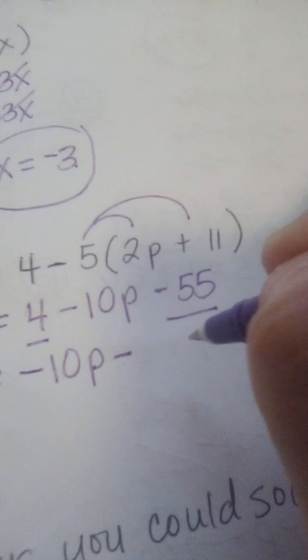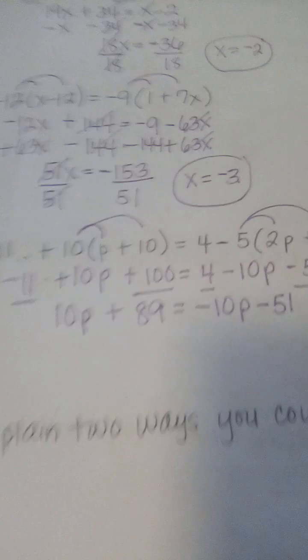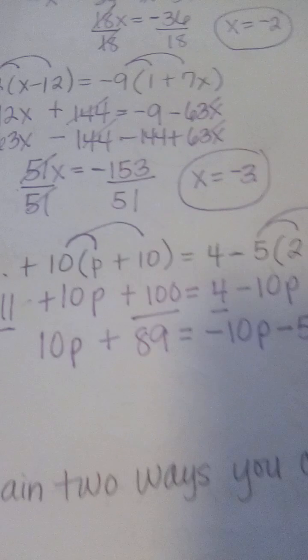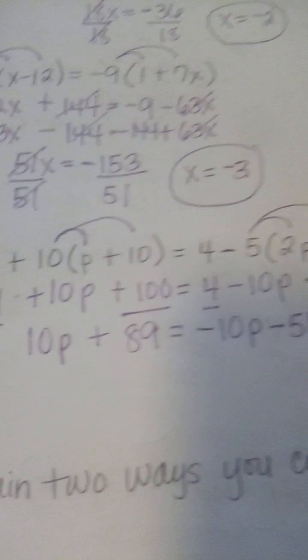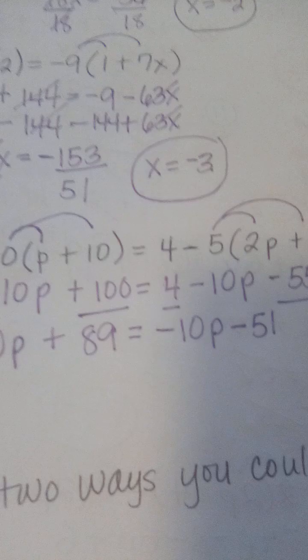Which number? 59 or 51? 51, right? All right, now we clean it up a little bit. We have 10p plus 89 on the left side equals negative 10p minus 51.